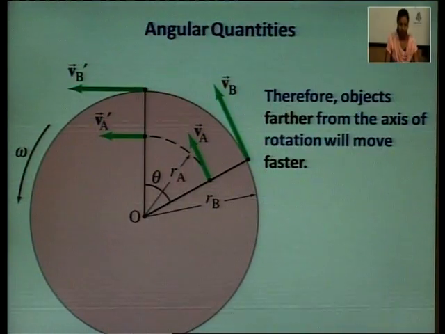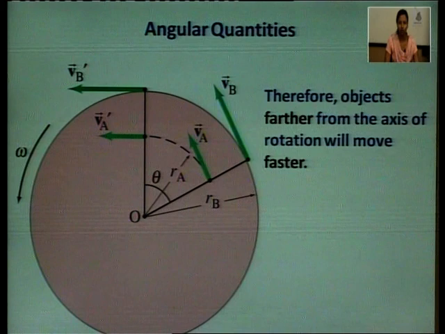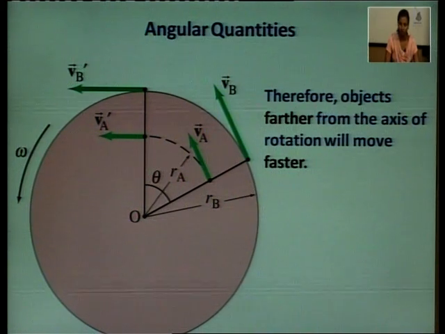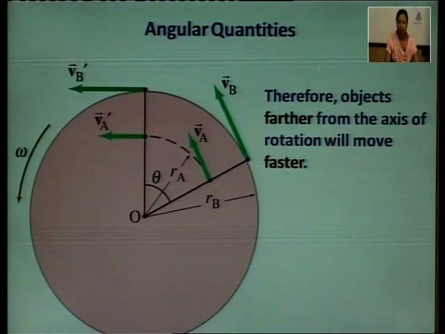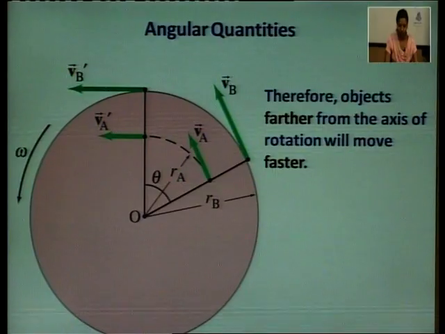Next we come to some conclusions. The object which is further from the axis of rotation, that is O, moves faster because v is equal to r omega. If r is more, then velocity is more; if r is less, then velocity is less. Here for the two bodies A and B, the velocity at point B is more as compared to the velocity at point A. Note that angular velocity is the same, but the linear velocity is different.